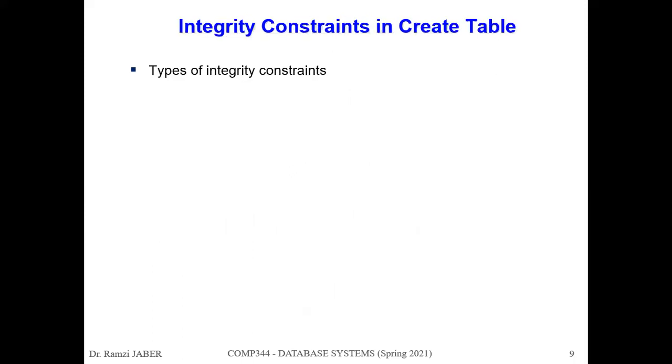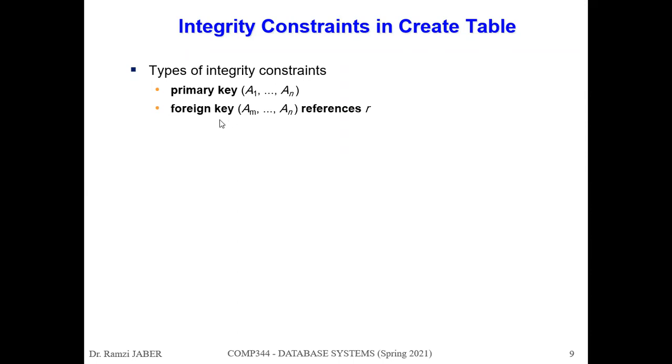Good. Now, how to define integrity constraints inside the creation of the table. We have 3 types of integrity constraint. Primary key, between parentheses we put the column name, 1 or 2.